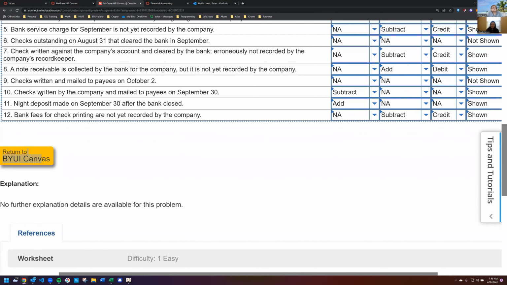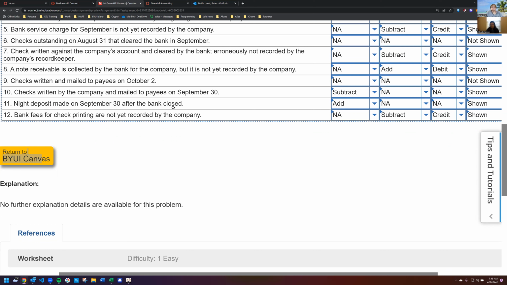Night deposit made on September 30th after the bank is closed. This is a classic case of a deposit in transit, where you booked it in your records.